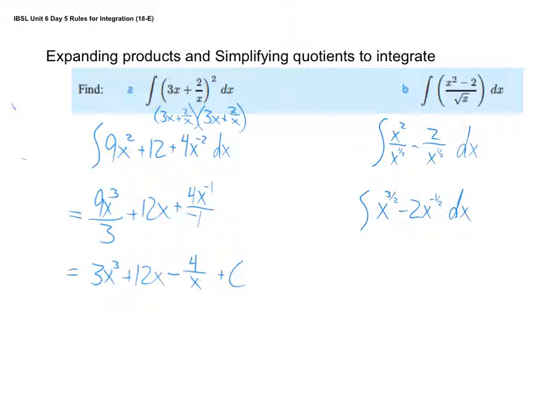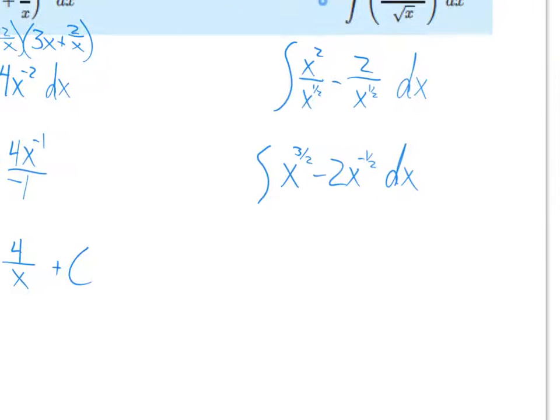Alright, so now we can find our integral. Okay? What's the integral of x to the 3/2? x to the 5/2. Good. 2/5 x to the 5/2. Why 2/5? Because you have to divide by 5/2, so you flip and multiply, right?